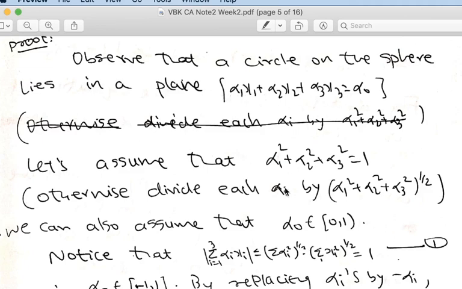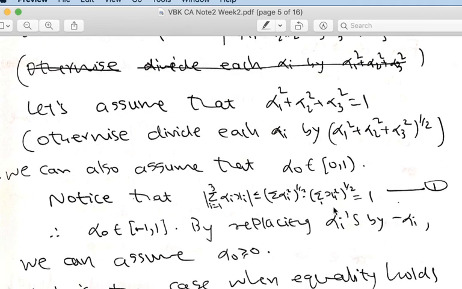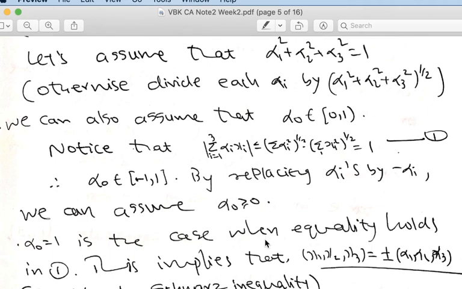You can do some manipulation to assume that alpha 1 squared plus alpha 2 squared plus alpha 3 squared equals 1. That is simple; otherwise you can divide by that. And for this alpha naught, you can use the Cauchy-Schwarz inequality to show that alpha naught lies between minus 1 and 1.